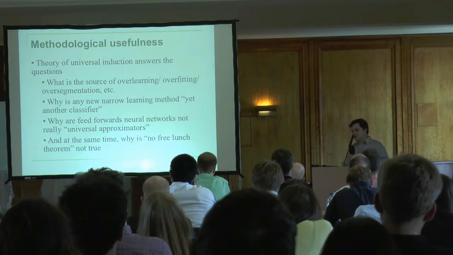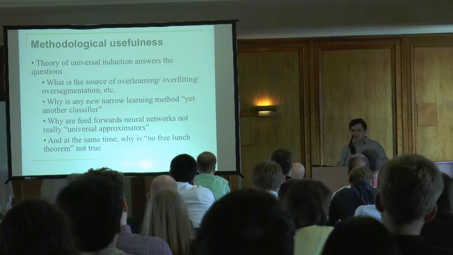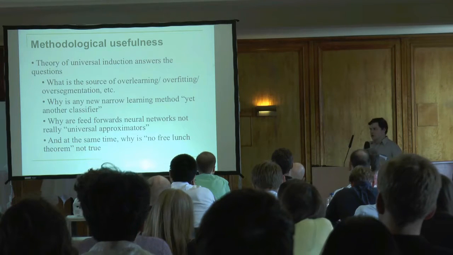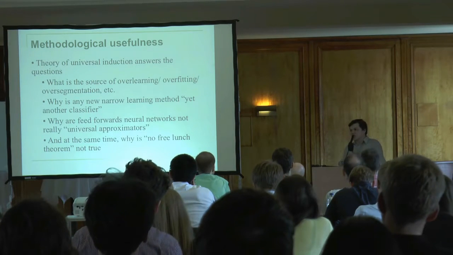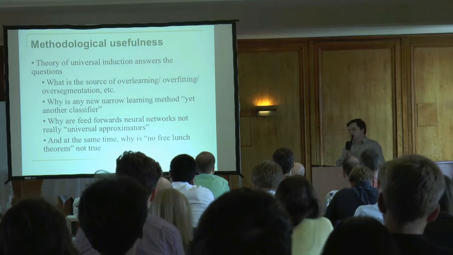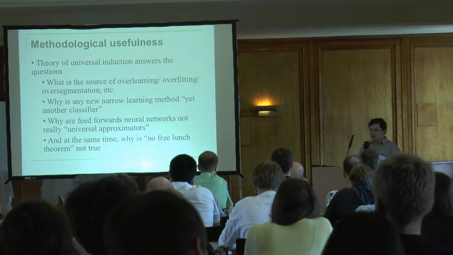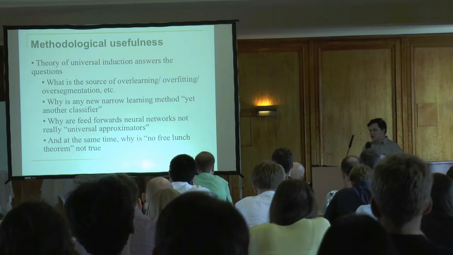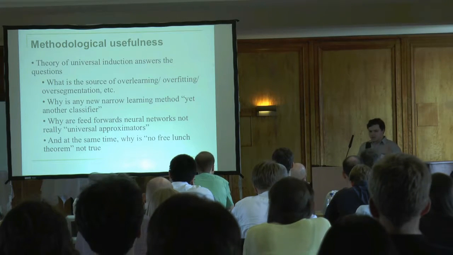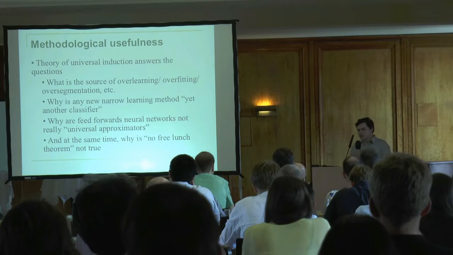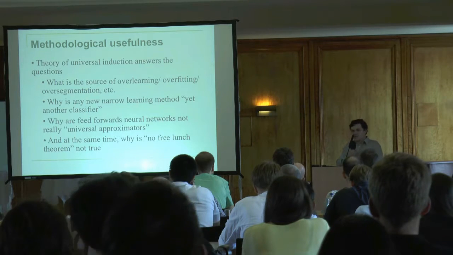In practice, many researchers at some stage of their development try to construct some universal method for pattern recognition or something like this, and they come up with something which is called yet another classifier.